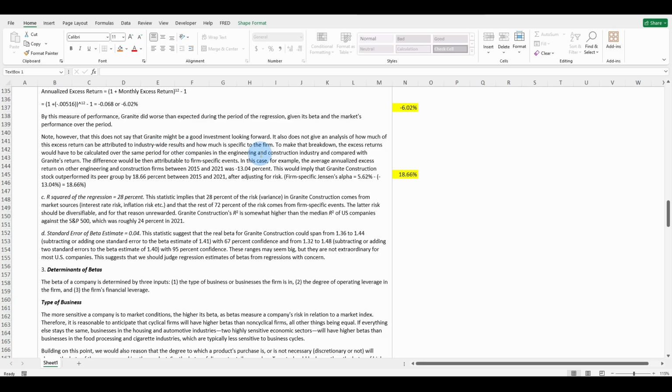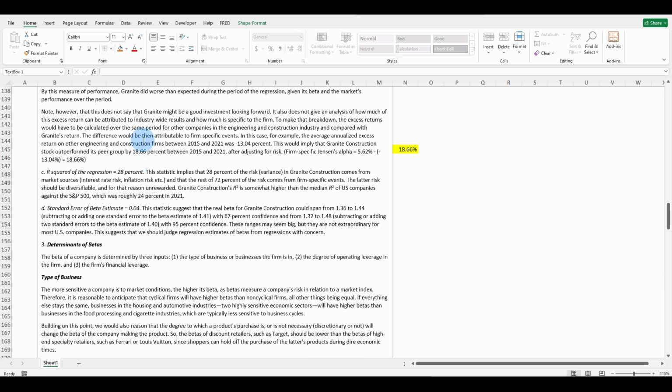To make that breakdown, the excess return would have to be calculated over the same period for other companies in the engineering and construction industry and computed and compared with Granite's returns. The difference would be attributable to firm-specific events. In this case, for example, the average annualized excess returns on other engineering and construction firms between 2015 and 21 was negative 13%.